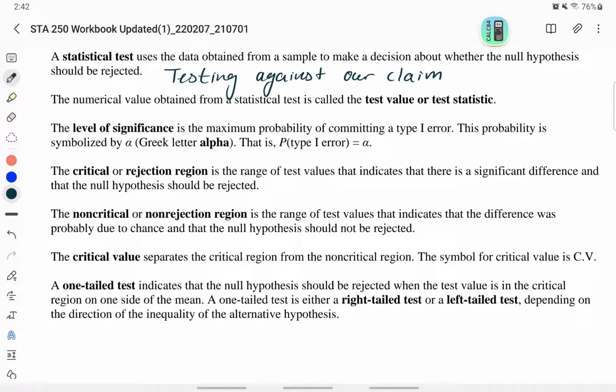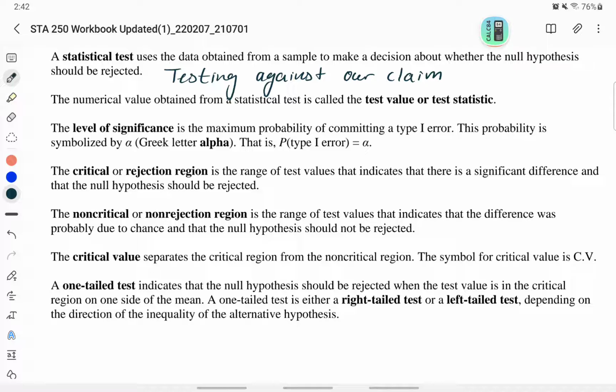Therefore, instead of us testing our confidence, we are looking for how much error comes from our results. The numerical value obtained from a statistical test is called the test value or the test statistic.